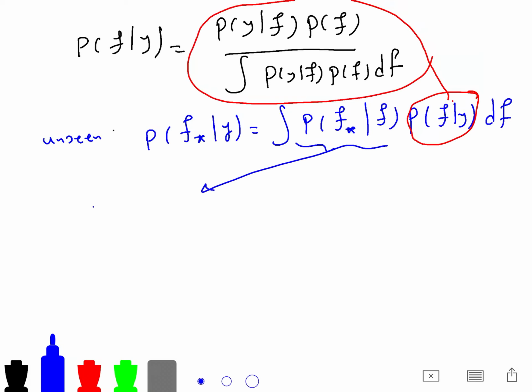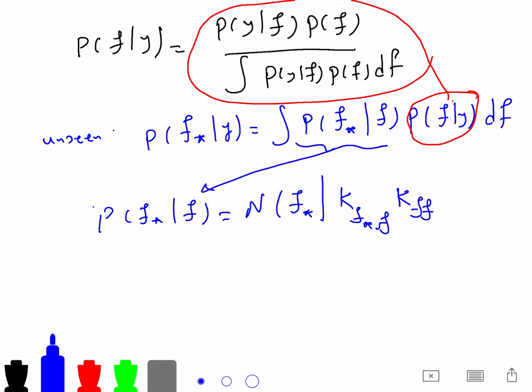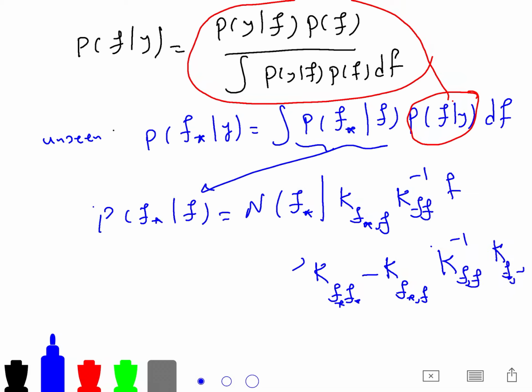Now this term P of f star conditioned on f is just the normal distribution, where the mean is K f star f K f f inverse f, and the covariance is K f star f star minus K f star f K f f inverse K f star f transpose.